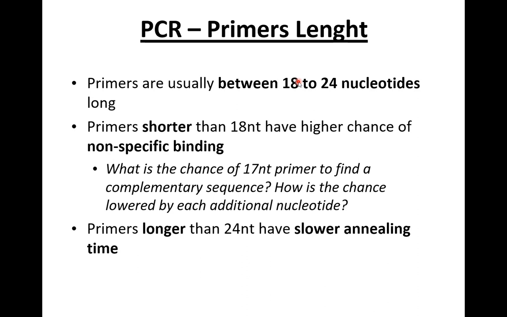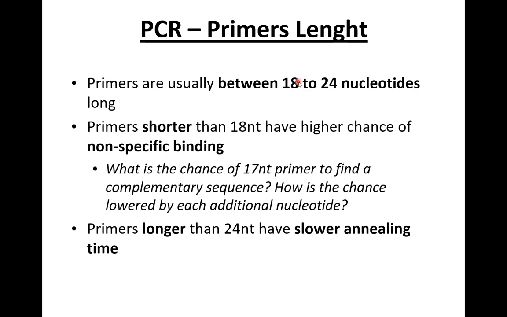So just to give you a crazy example, imagine you have a primer that is 4 nucleotides long. The chance of binding to a sequence just by chance anywhere in the genome will be 1 over 4 to the power of 4, the number of nucleotides. So that will be a very small number.